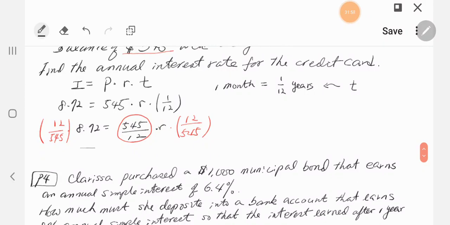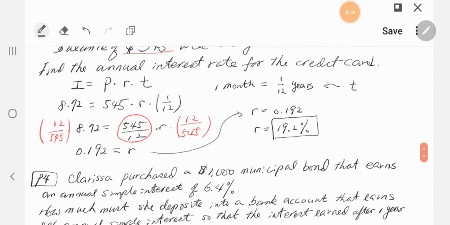Use a calculator, then this will be something like 0.192, which is equal to R. R is the annual simple interest, so if we rewrite it as a percent, that will be 19.2%. It's a lot, right? It's a lot of percentage.